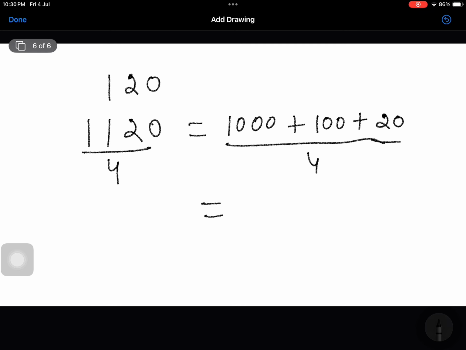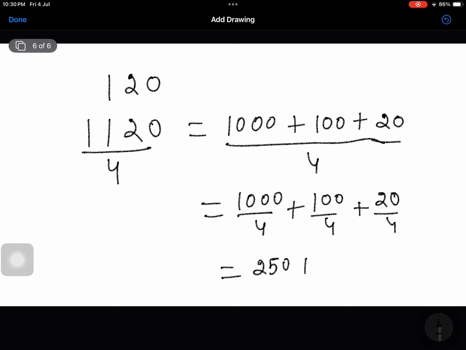So is it divisible by 4? I have here 1000 by 4, 100 by 4 plus 20 by 4. All of this is divisible by 4. So here I get 250, here I get 25, and here I get 5. So 250 plus 25 plus 5 is 280.